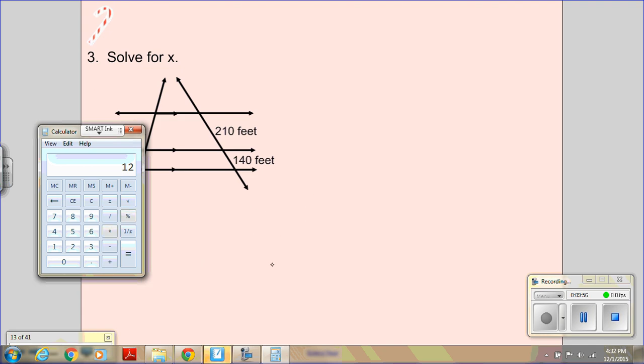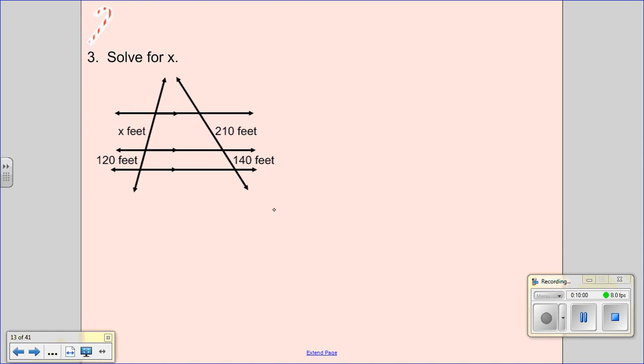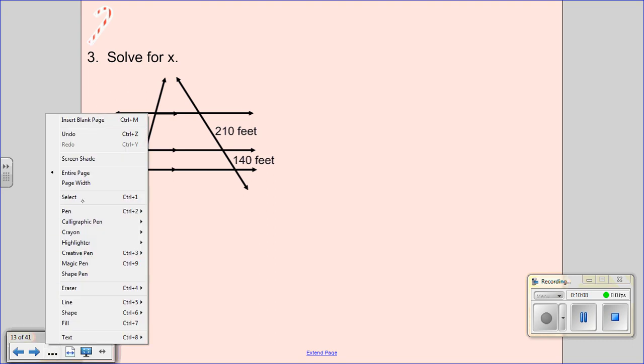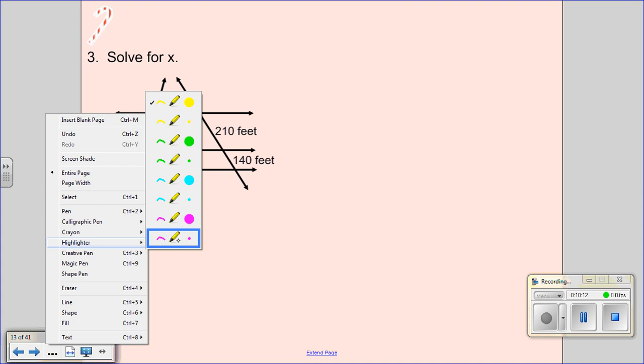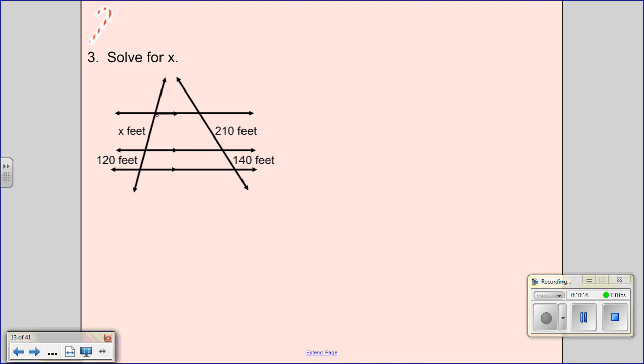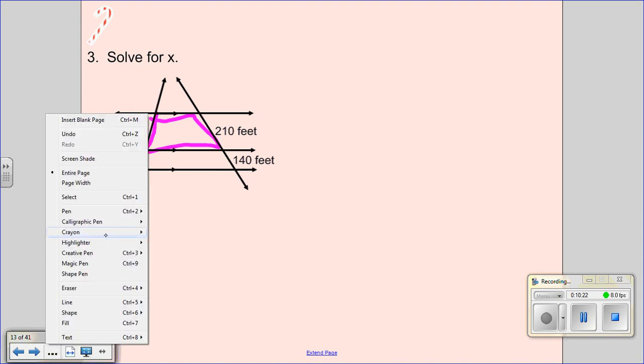Now this one, it might be a little more difficult to see. Well, actually, there aren't any triangles, but there's two sets of trapezoids. We have a trapezoid right here, and then you have another trapezoid right here.